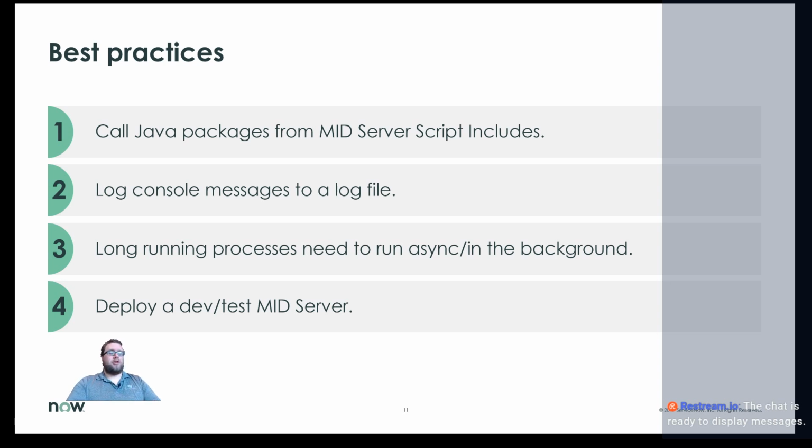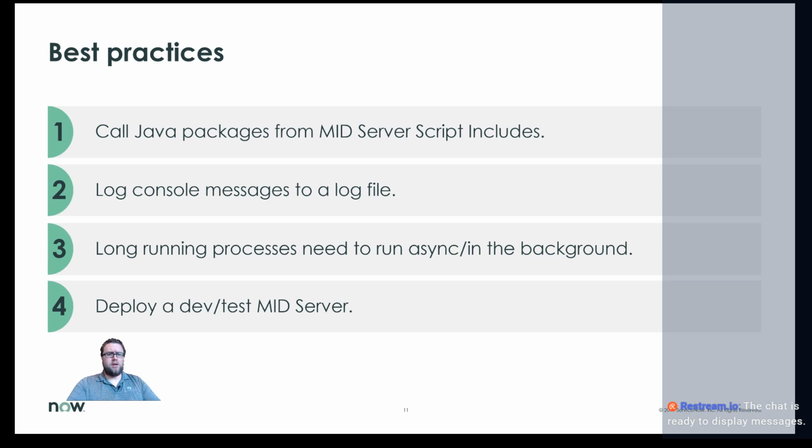Deploy a dev or a test mid-server. Now this sounds pretty obvious, but I've talked to a lot of people that just don't do this religiously. What I say is, look, dev and test are made to be broken. So I can come through, I can make code, I can crash code, I can do bad things, and my mid-server can go up or down without impacting production. That's an obvious thing. The other thing is we have a lot of alerts and monitoring.